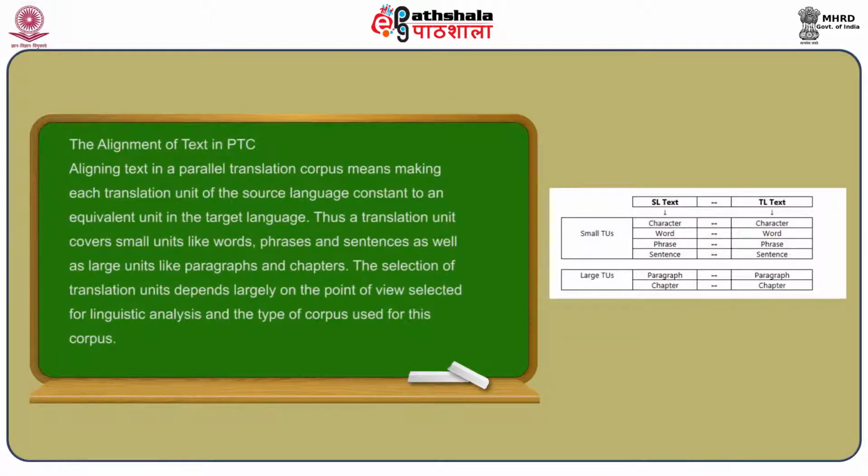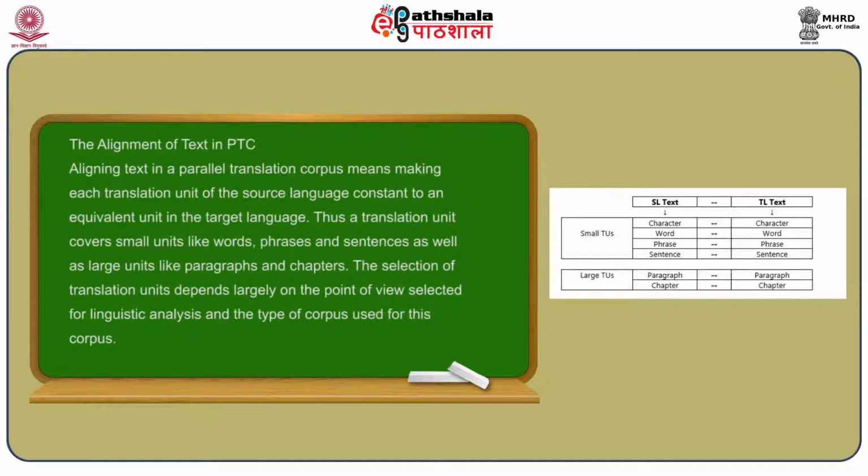The first thing here is the alignment of texts in a parallel translation corpus. Aligning texts in a parallel translation corpus means making each translation unit of the source language correspond to an equivalent unit in the target language.